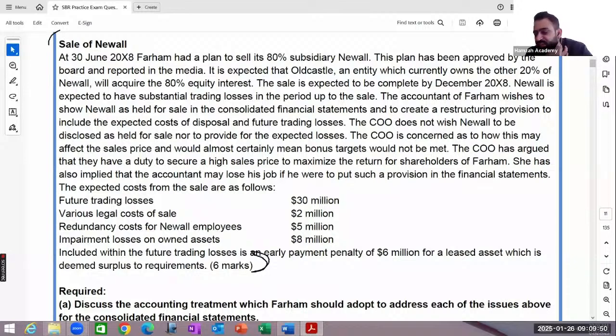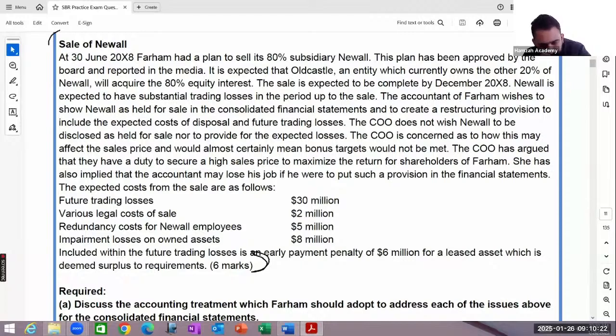The CEO is concerned about how it may affect the sale price, and wants to secure a high sale price in order to get the bonus. The CEO argued that our duty is to protect the interest of the shareholders and maximize their return, and if we show this as held for sale and provide the provision, it may affect that objective. The CEO also threatened the accountant that if you do so, you will lose your job.